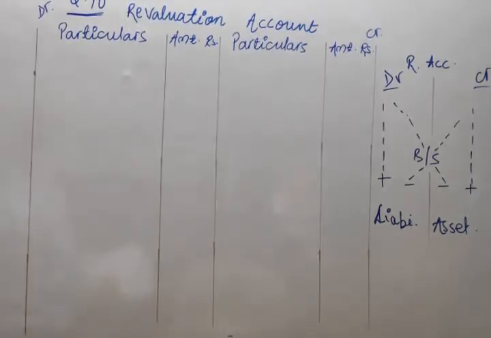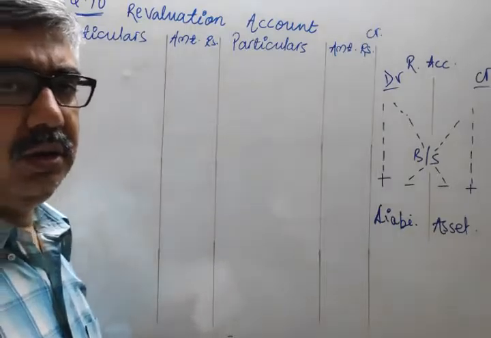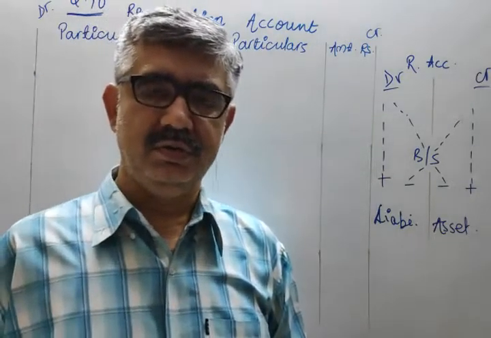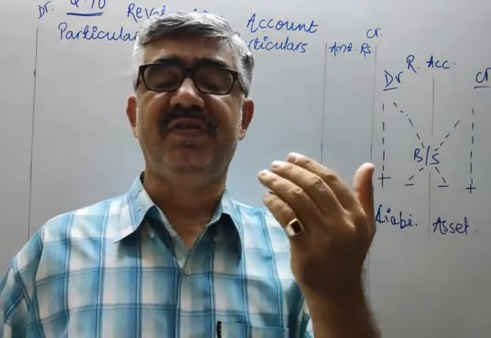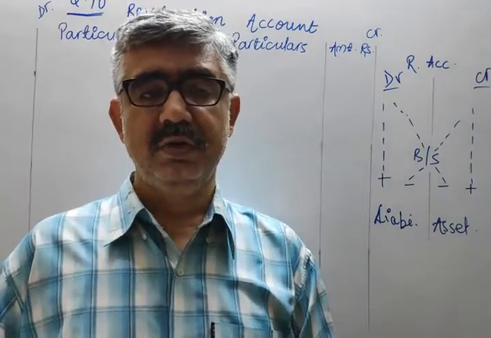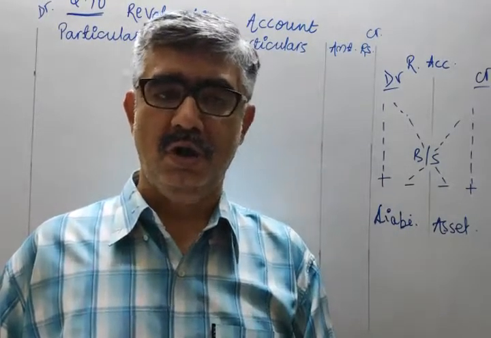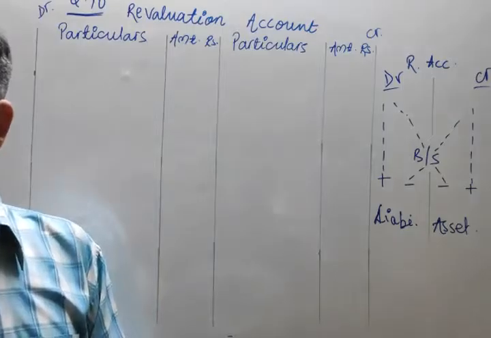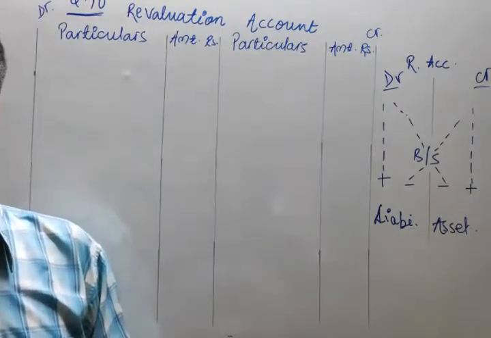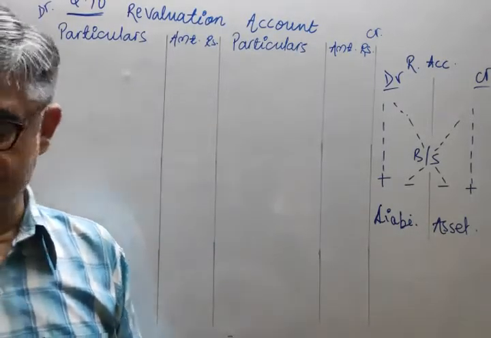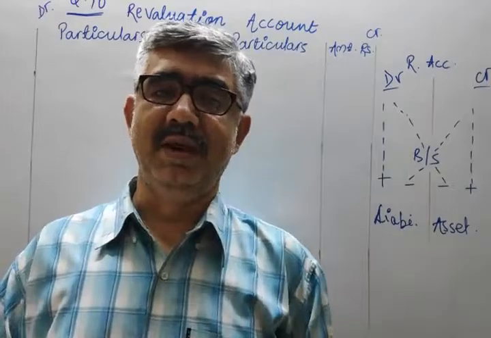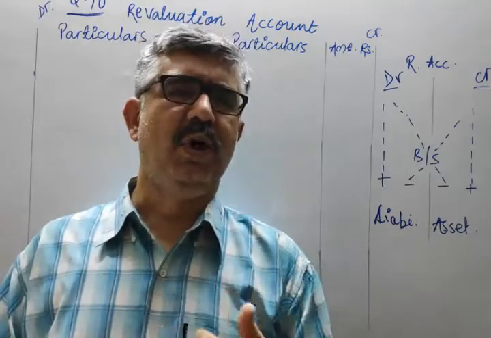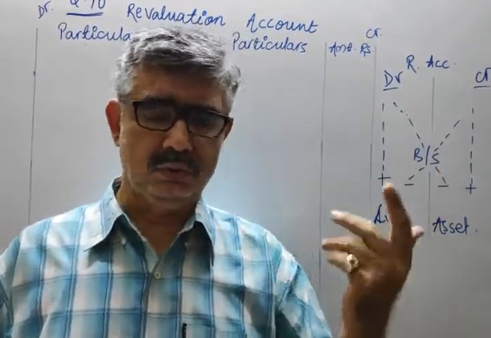Their P&L ratio is 2:3:1. Here the P&L ratio is important, because you have to distribute profit or loss among the partners. Their firm's balance sheet as on 31/3/17 is as under. The entire balance sheet is given. Very quickly I am going through; you must go through in your own way.